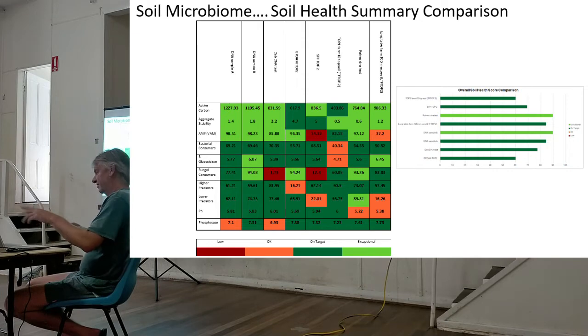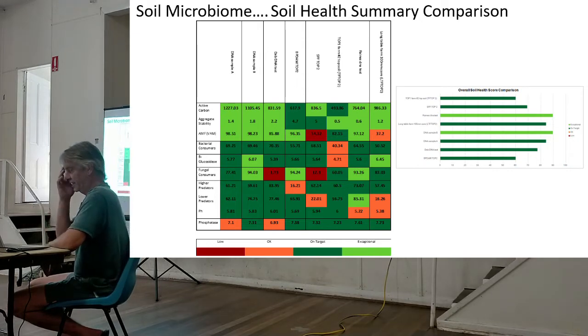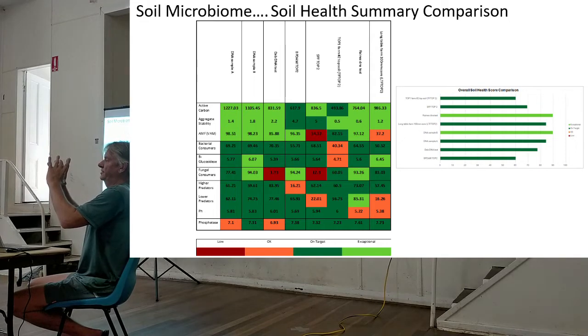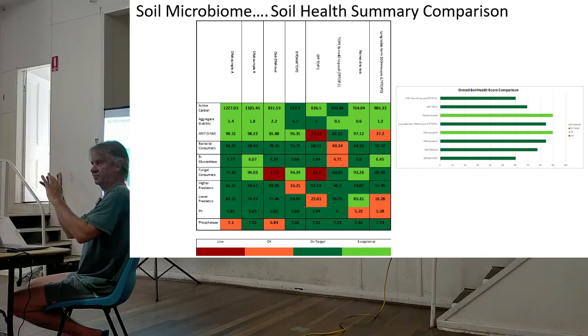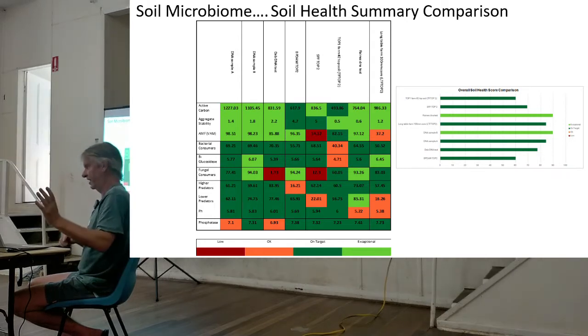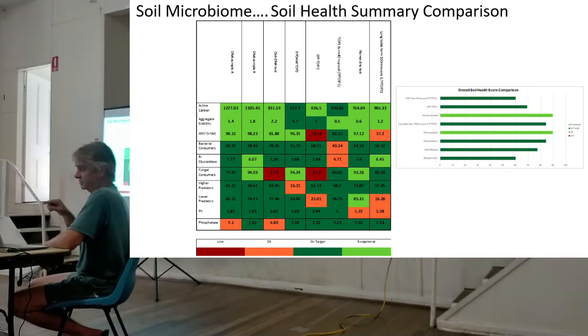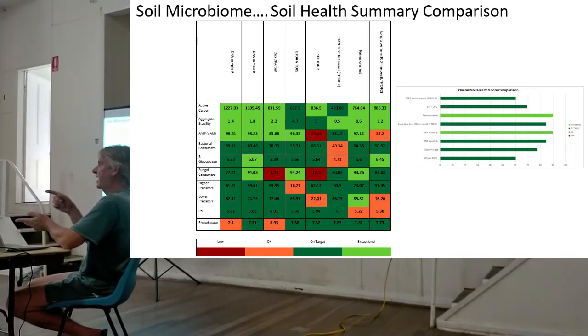What that does, and we'll throw up the slide a bit later, is when you get a population of bacteria and then you have all these external factors that can influence the shift in that population, it might be fire, it might be flood, it might be saltwater inundation. Saltwater inundation is the one I wanted to get to because that turns back and it increases your soil organic carbon.